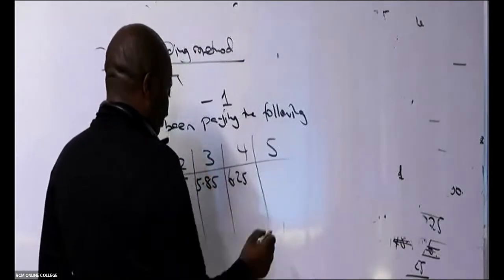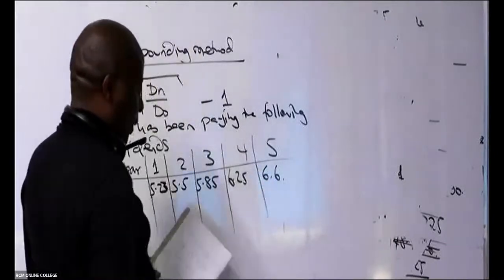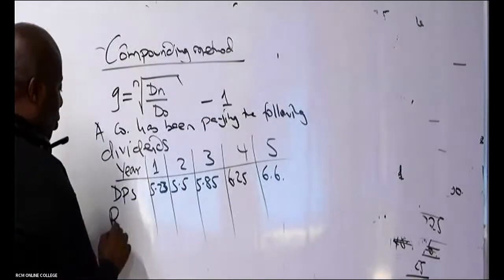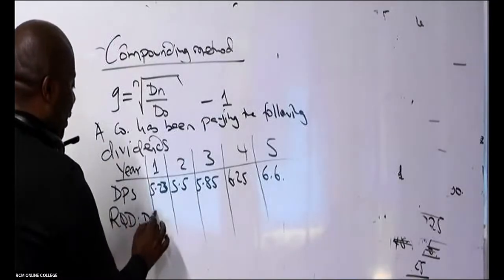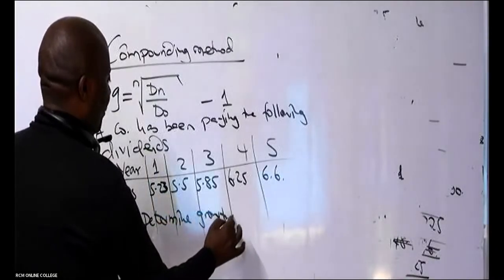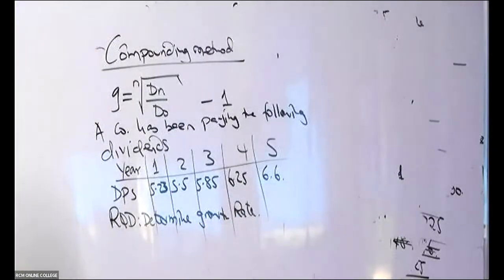You can see the dividends are growing. Then we have 6.6. We are required to determine the growth rate.